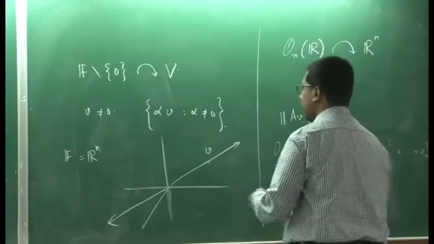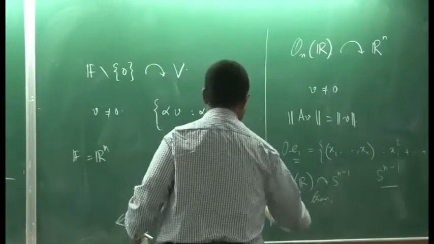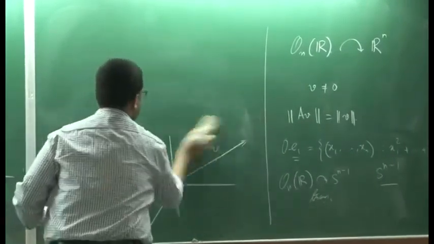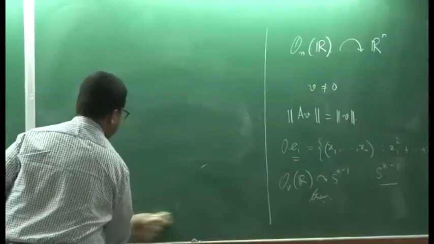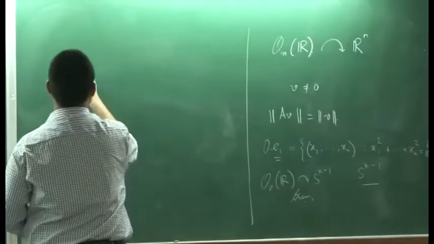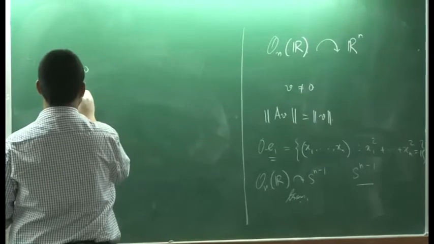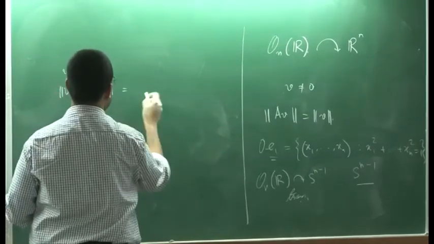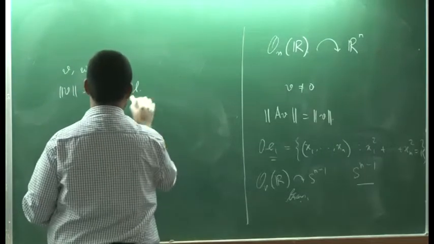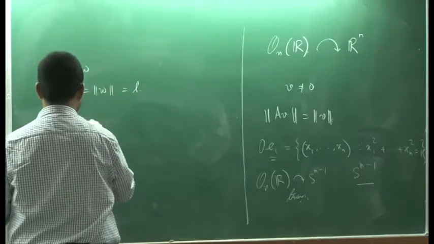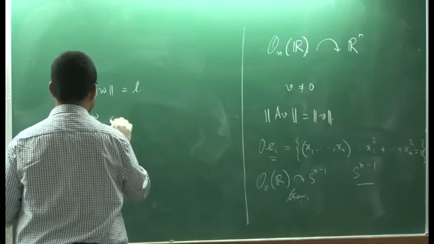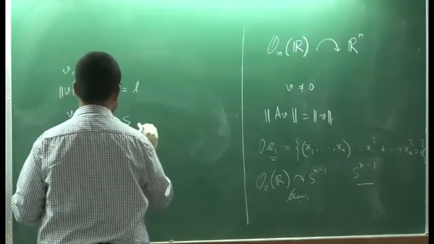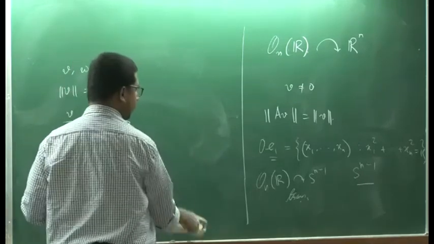and from this we can see the following: suppose V and W have the same length, let the length be L. Then V by L and W by L both lie in this unit sphere.